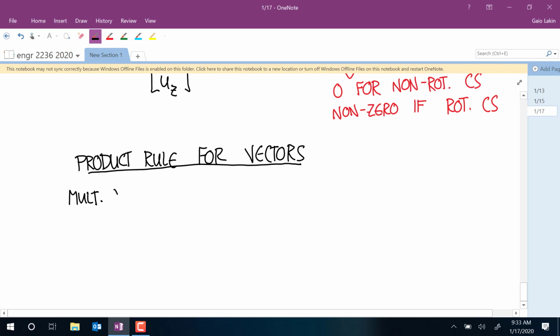So if you're multiplying a vector by a scalar, this is actually the one that I just used in the little derivation right above. Okay, so what if you want to take the time derivative of something like x times the vector u?